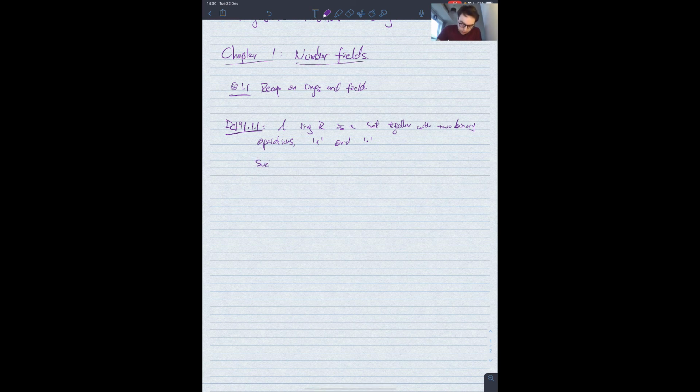So you want these operations to be such that, firstly, R with your addition is an abelian group.